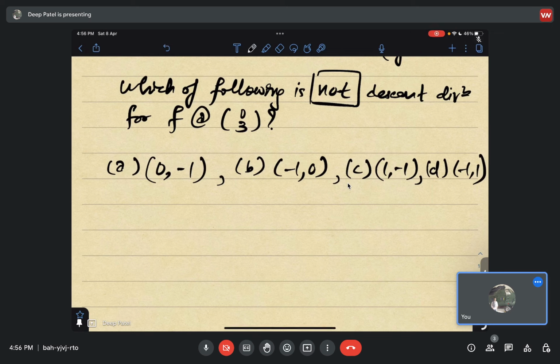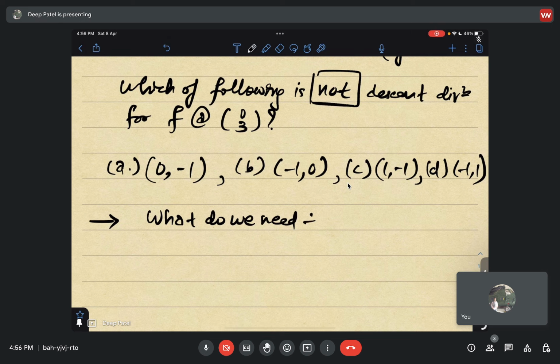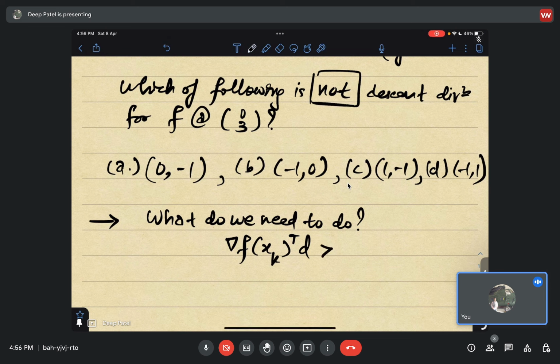So how do we check this? You take the gradient of that function at (0, 3). In principle, you take the gradient and take the inner product with the direction d, and see which decreases the function. For it not to be a descent direction, it has to be greater than 0.